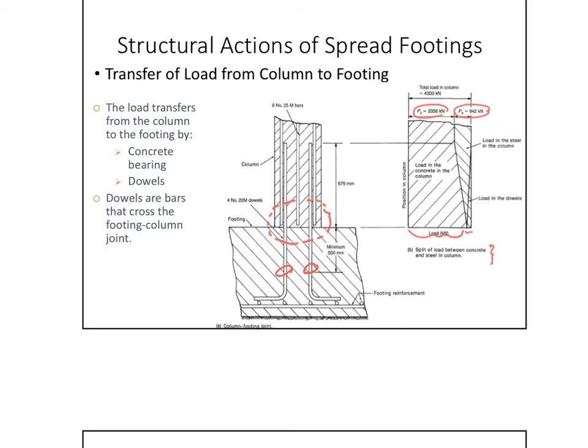So once you stop casting, you'll have to stick some bars to get the steel cage of the column, which is this one here, and then place it, put your formwork for the column and cast the column. So now I stick out some dowels and then place my column. So this check is to make sure that the load is transferred properly.